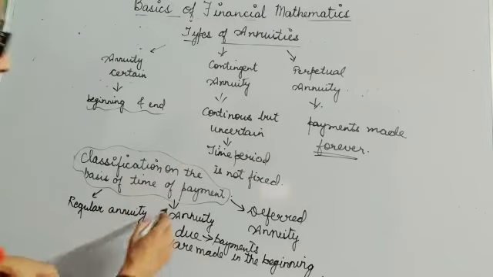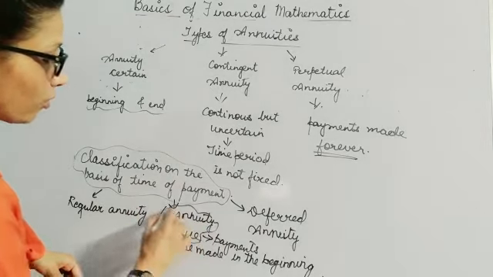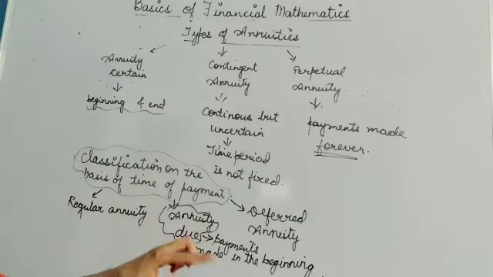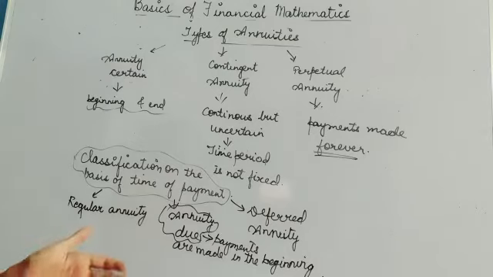You must have heard that your installment due date is this. That means this is your beginning date of payment of the installment. For example, a recurring deposit is an annuity due. All right, the first date, the beginning of the payment, is your annuity due.